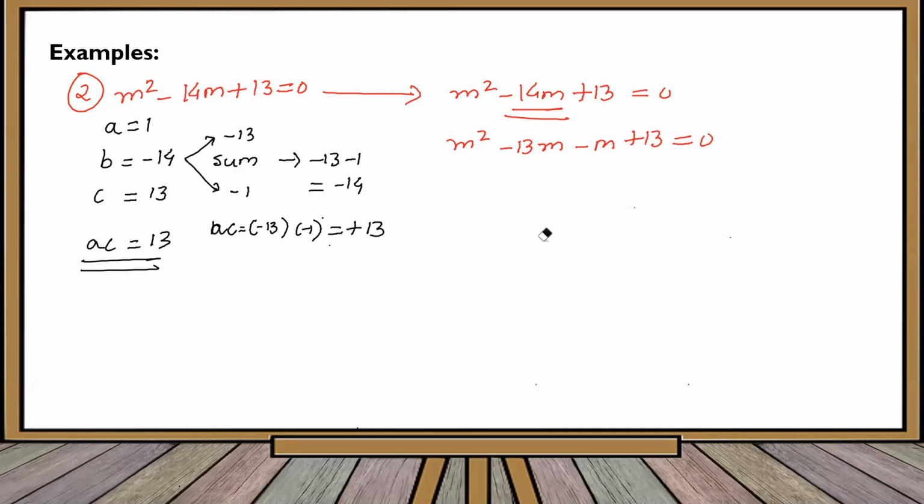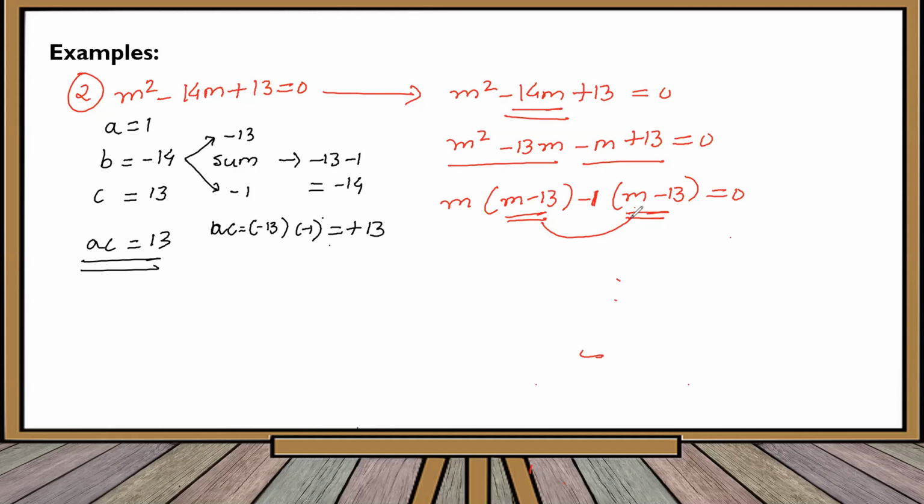Okay, let's make two groups, and over here we'll take m as common, m minus 13. Over here nothing is common, so let's take minus 1 as common, so m minus 13. We'll keep a watch that this term and this term should be the same.